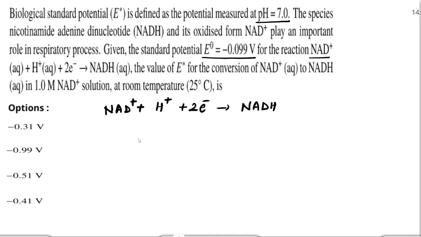The E naught value for the conversion of NAD plus to NADH in 1.0 molar NAD plus at room temperature you have to calculate. Yes, how do we calculate?